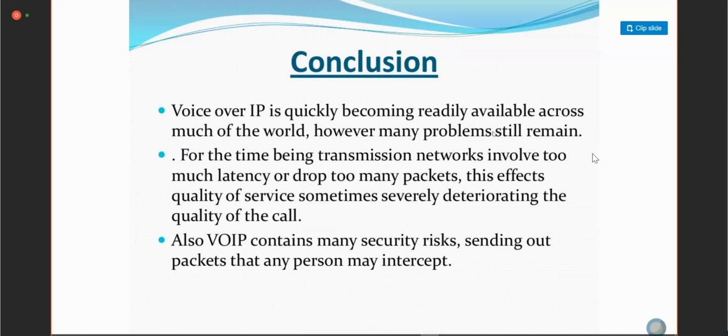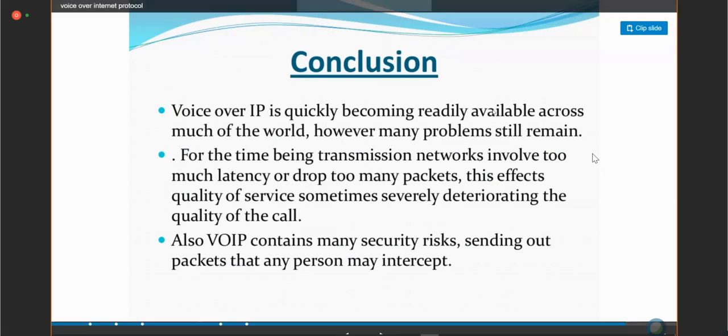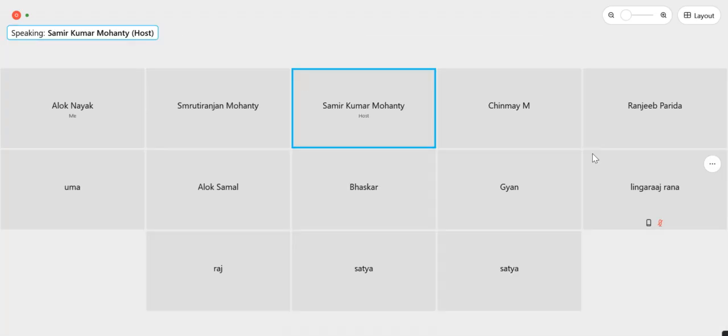This affects quality of service, sometimes severely deteriorating the quality of the call. Also, VoIP contains many security risks, sending out packets that any person may intercept. I'll explain what intercept communication is. Next we'll go on.